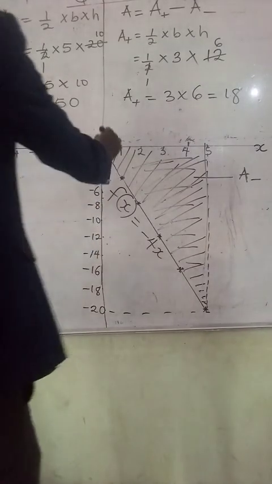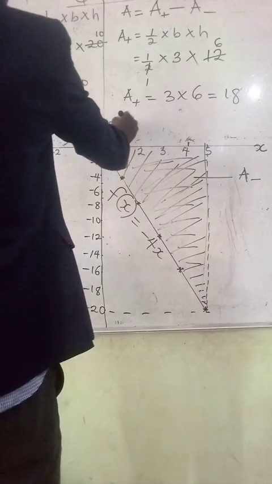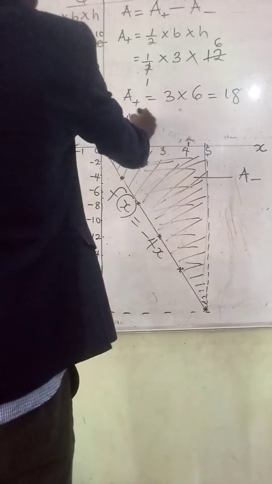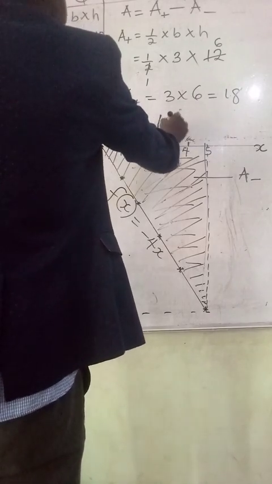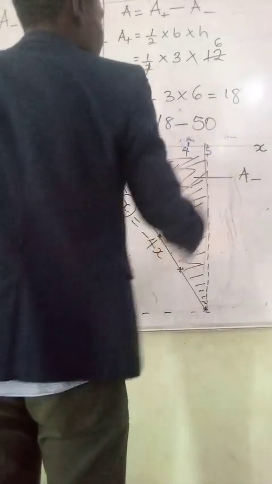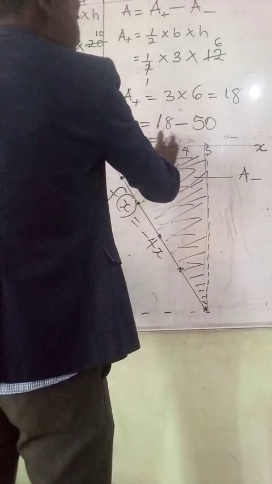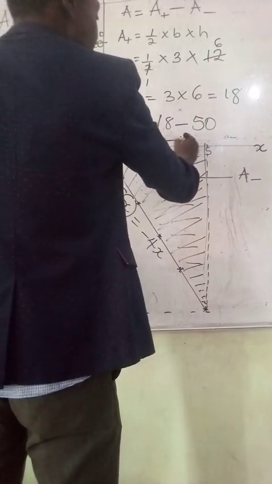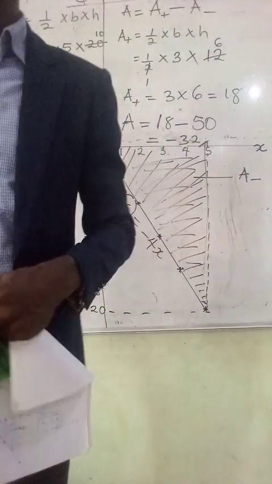Now our net area, which is represented as A, is equal to 18 minus 50, which will give us minus 32 as the area of the definite integral.